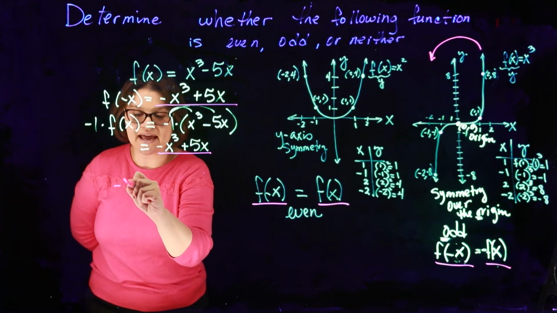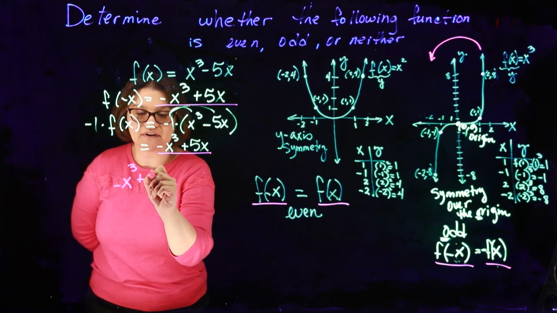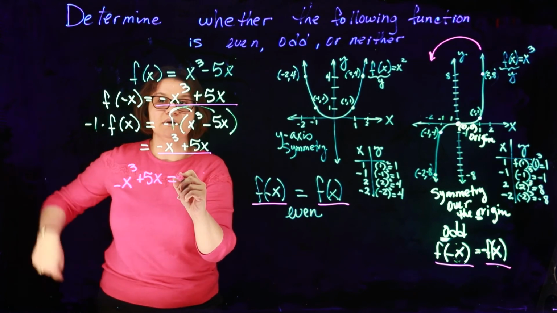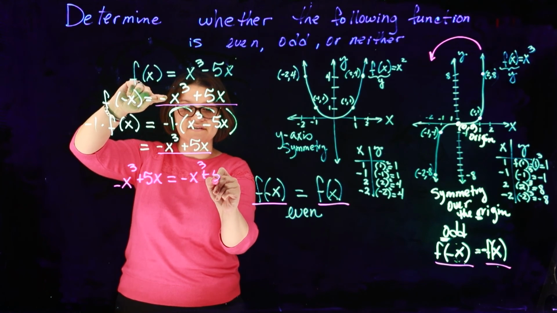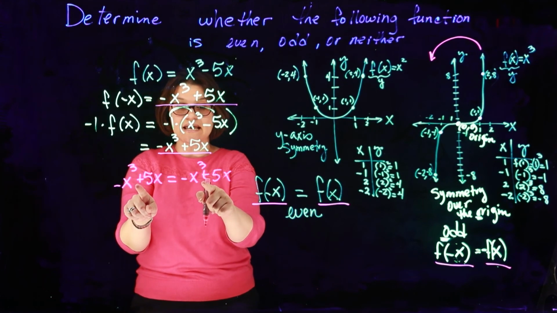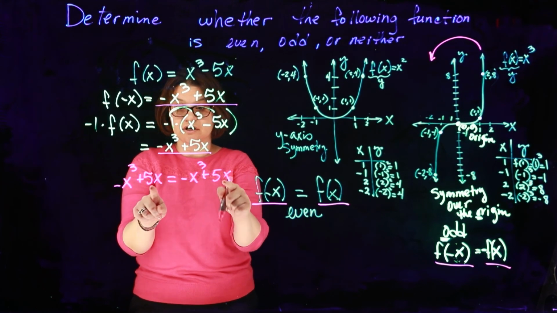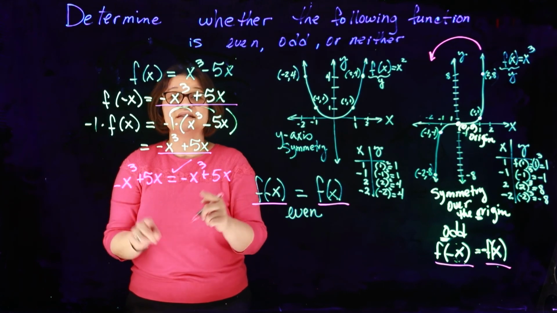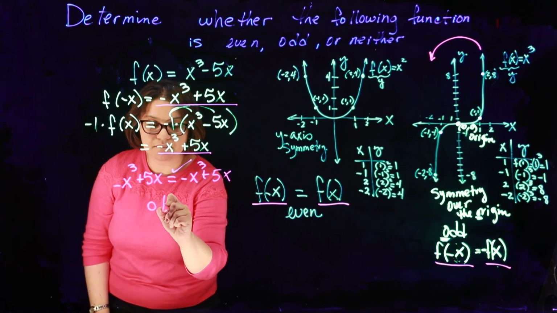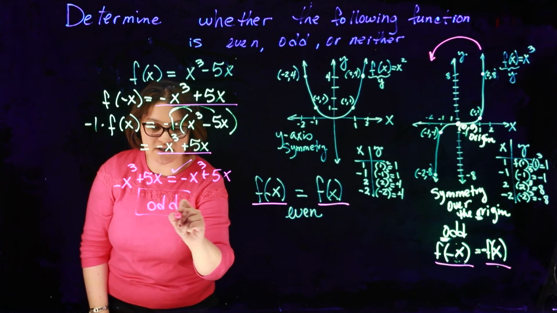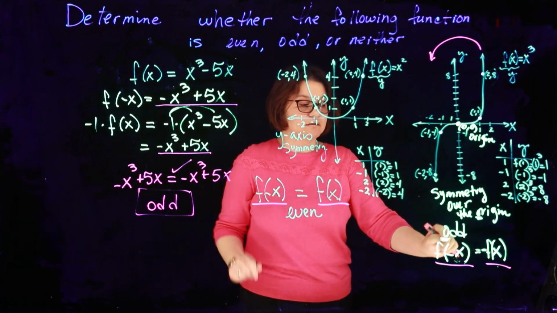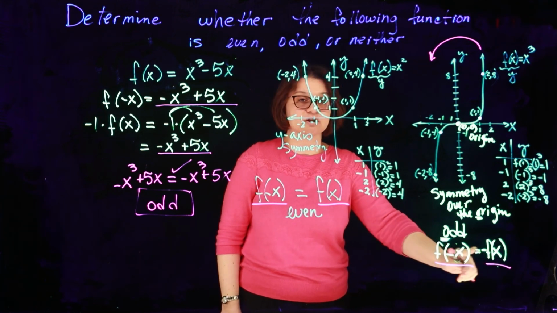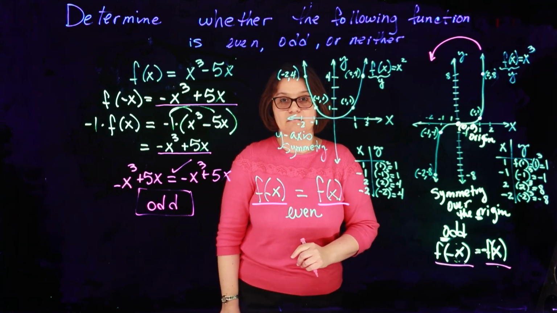Is negative x cubed plus 5x the same as f of negative x? Negative x cubed plus 5x. Are they the same? They sure are. So that means this function is odd. This is an odd function because it has symmetry over the origin and it obeys this particular property. And we're done.